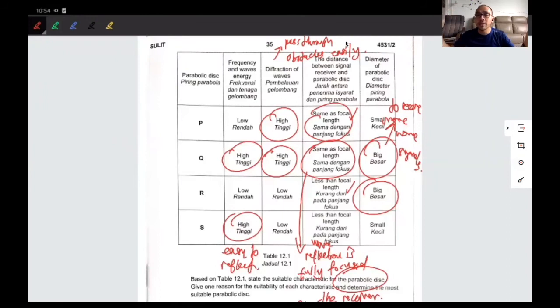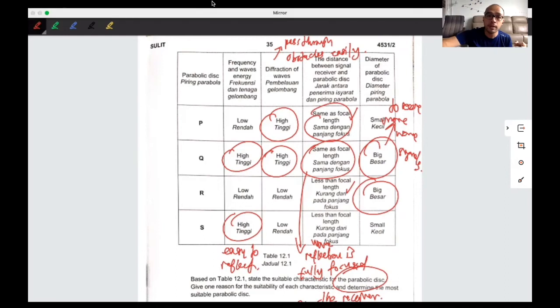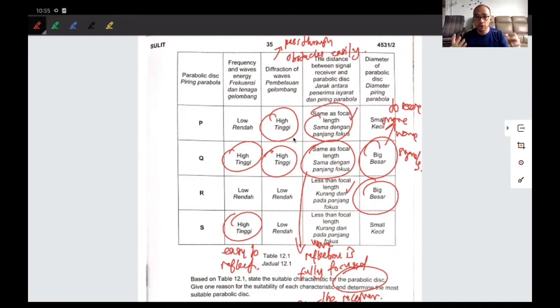You know, we're talking about the size of a house or a field. It's very big, and there are many dishes, many parabolic discs, kalau kamu pernah pergi ke broadcasting station. So very important that it should be big.